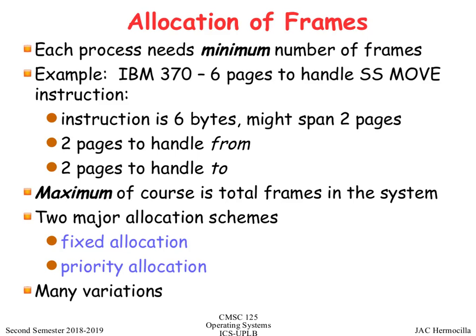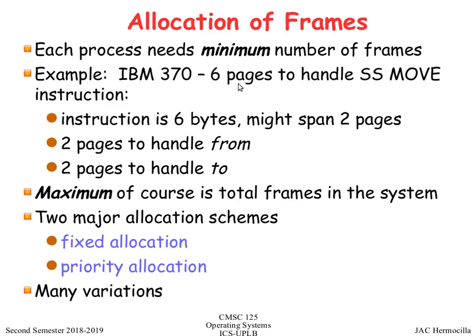So it is usually dependent on the architecture. In the case of the IBM, okay, you look at what the worst case is. In the case of the IBM 370, an old machine, it has what is called an SS move instruction, and this SS move instruction will require 6 pages. Okay?